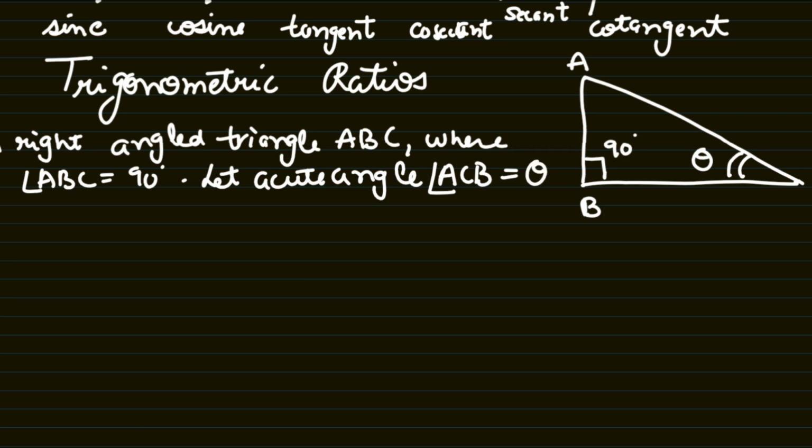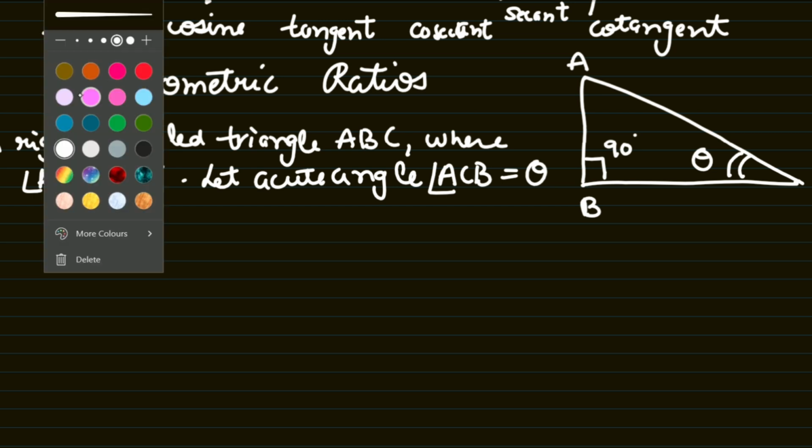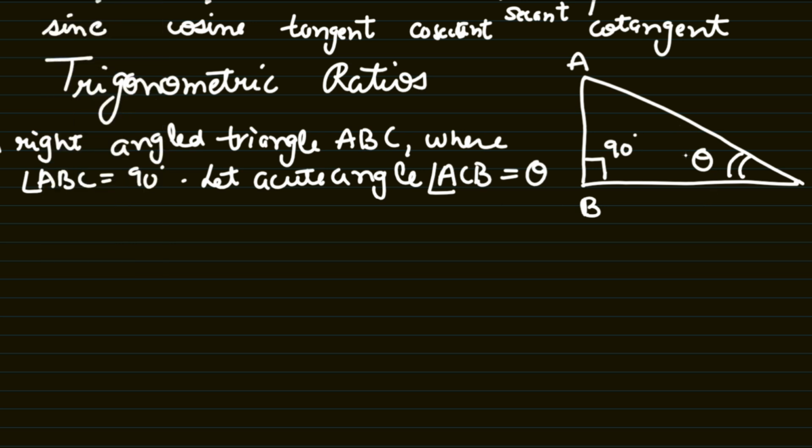Now the side which is opposite to this angle theta is called the opposite side. So here AB is the opposite side, and the side BC is part of angle theta.